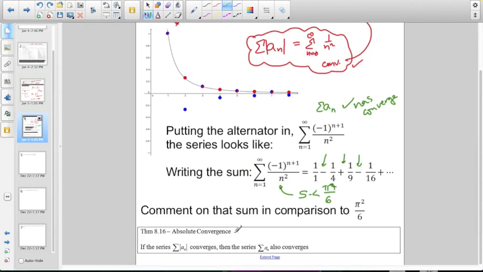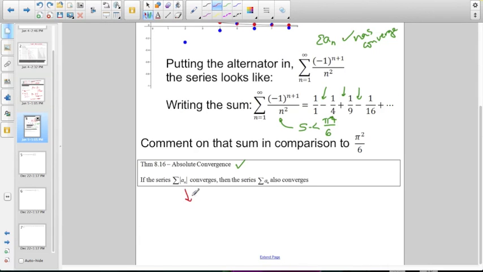So that's what leads to this theorem here. We say if we have this expression with no alternator and it's convergent, then the expression with the alternator must also converge, because it's got to go to a smaller sum.